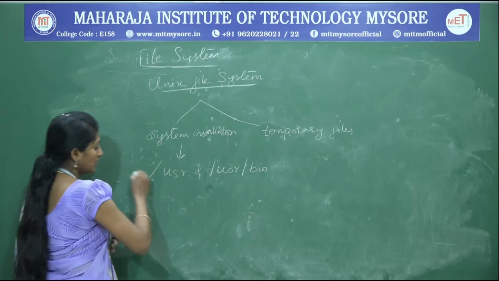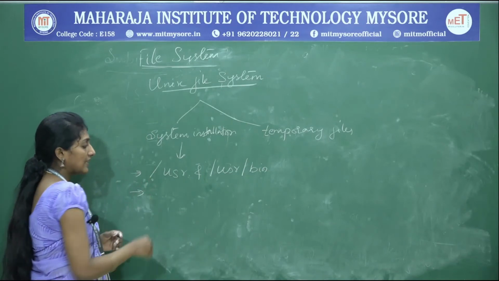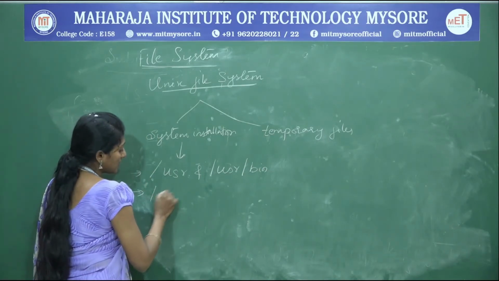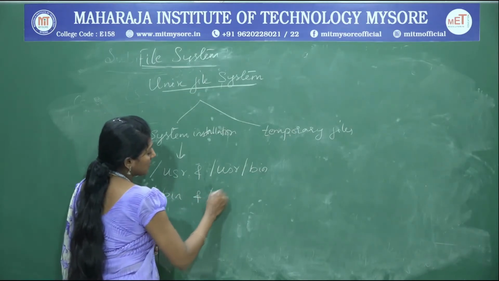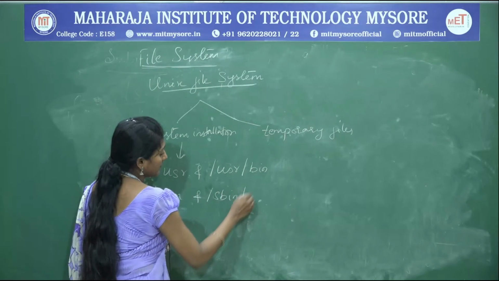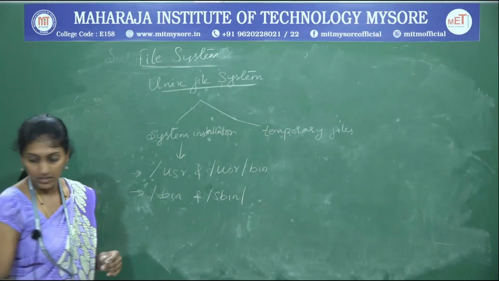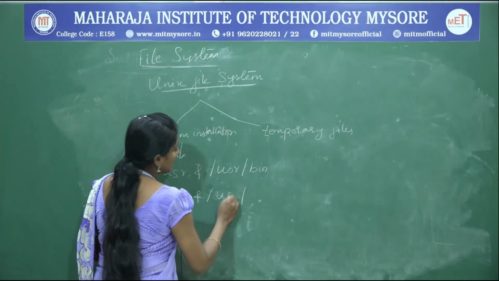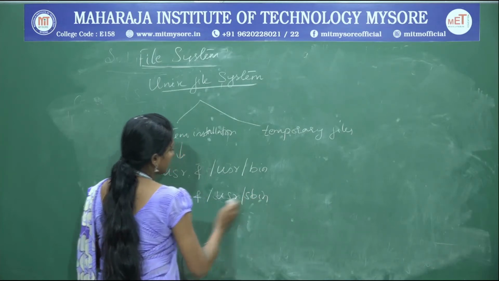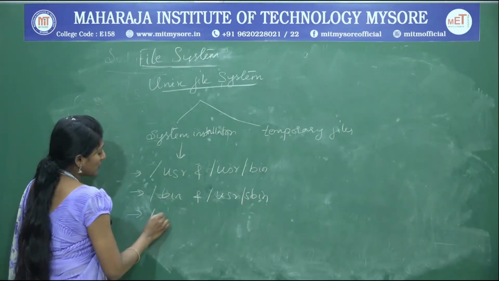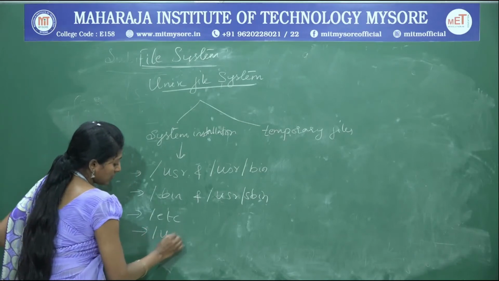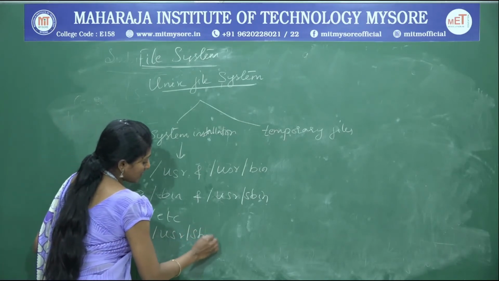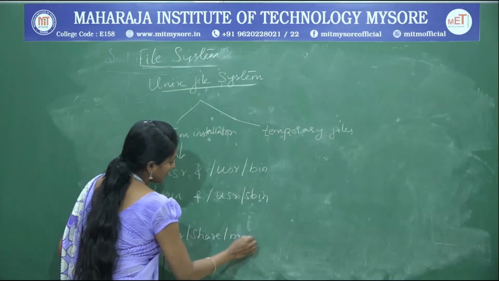/usr/bin file. Next we have bin and /usr/sbin. Likewise, we have etc, /usr/share/man, and a device file.